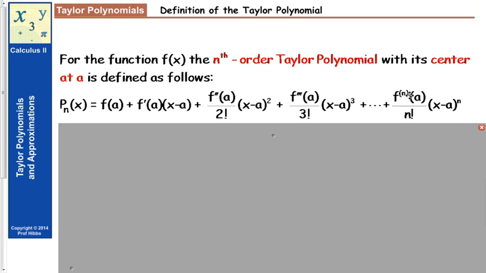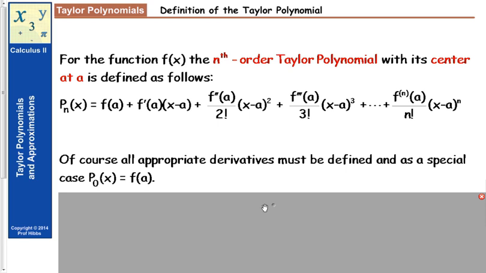That's how we write it when we get above third derivative. So this is the nth derivative evaluated at a over n factorial times the binomial raised to the power n. So we see some kind of system going on here.